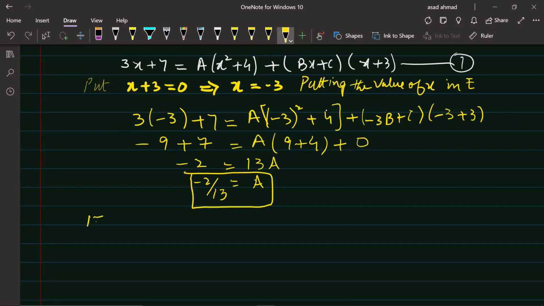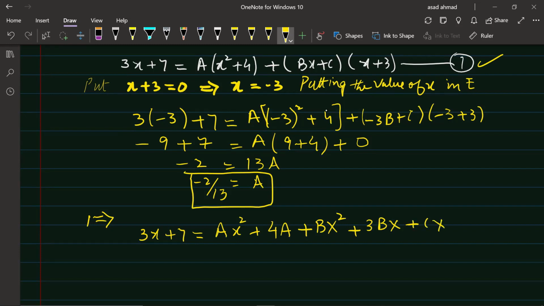Now we don't have any other linear factor to put, so we will have to multiply equation number 1 on the right hand side. In other words, we will expand equation number 1 to make further equations in terms of a and b. So simply multiply equation number 1: bx square plus 3bx plus cx plus 3c.